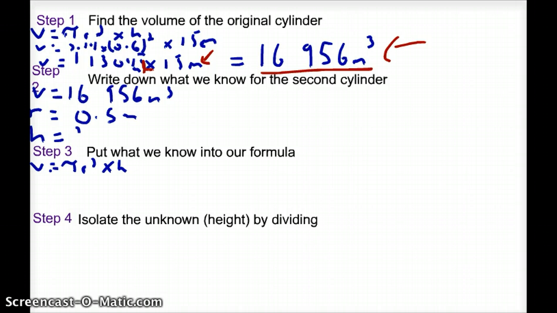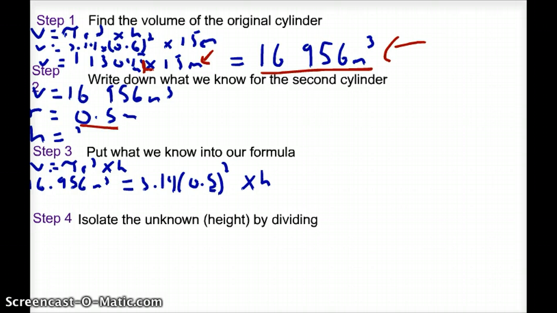So 16.956 meters cubed equals, on the formula, pi, which is 3.14. We know our radius is 0.5 meters, so it's times 0.5 meters squared times height.